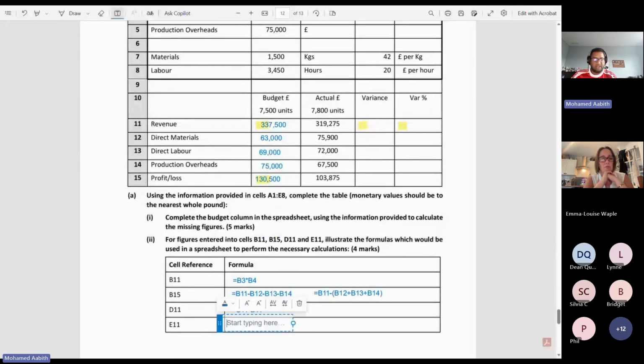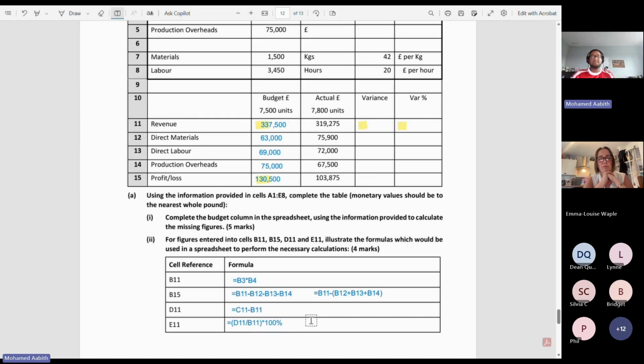And the last one, the variance percentage, is going to be equal to the variance divided by the budget. So it's D11 divided by B11, and then you bracket it. You don't have to bracket it all the time because, according to BODMAS, sometimes it works, sometimes it doesn't. So I'm going to times by 100%.